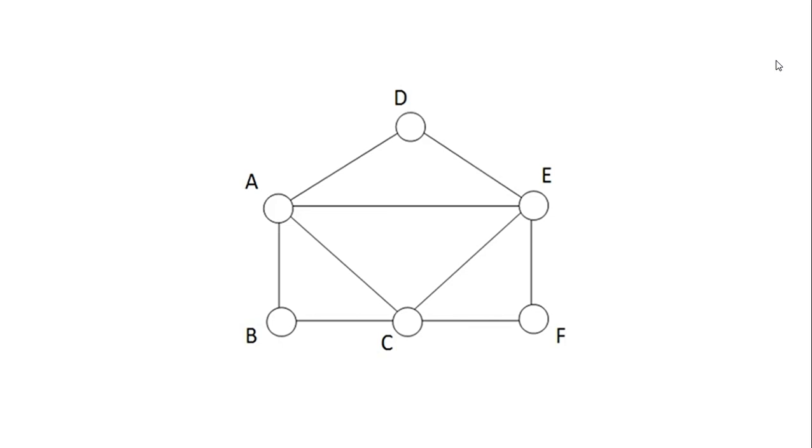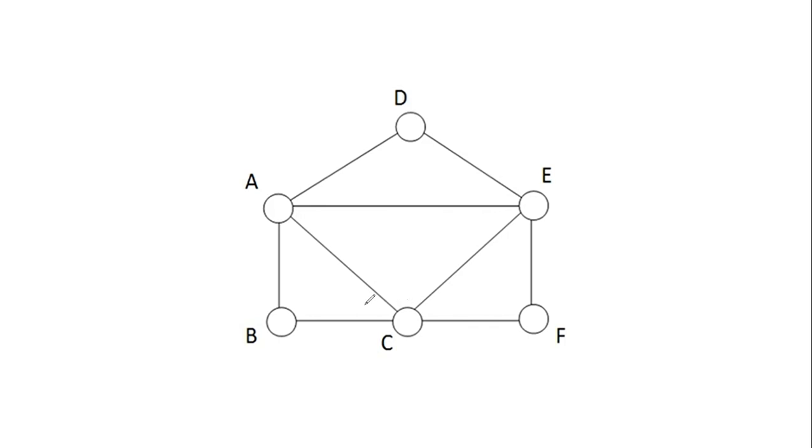So again, the idea is we're going to visit every edge once with no repeats. Let's say we will start here. 1, maybe 2, 3, 4, 5.